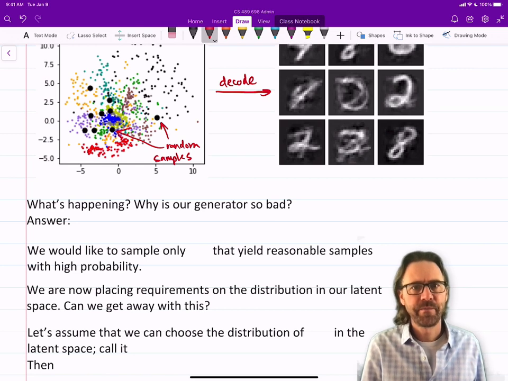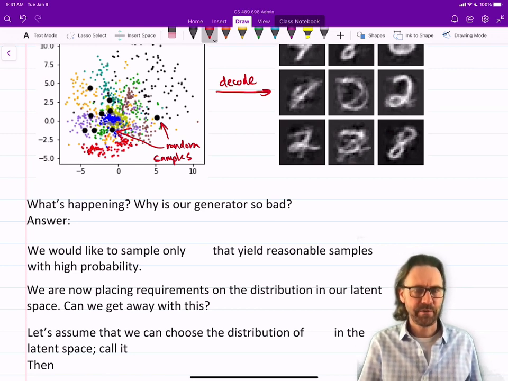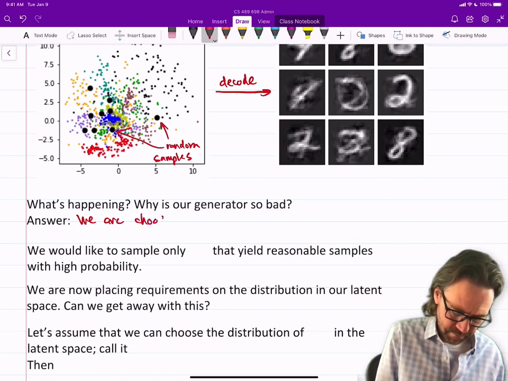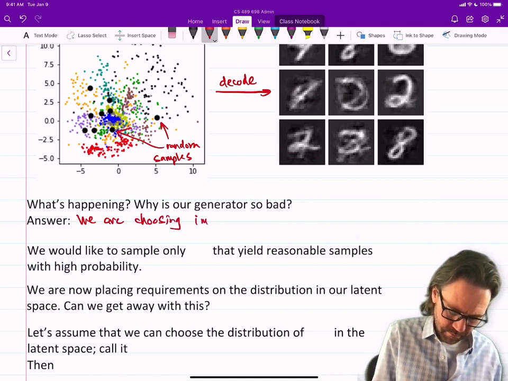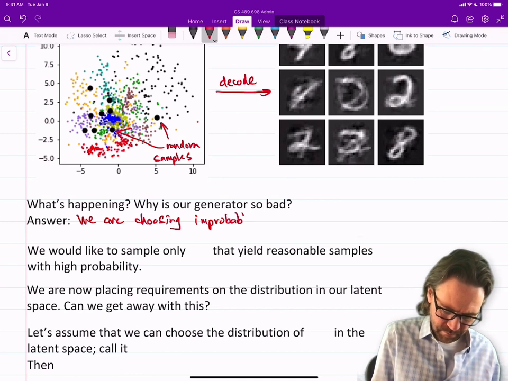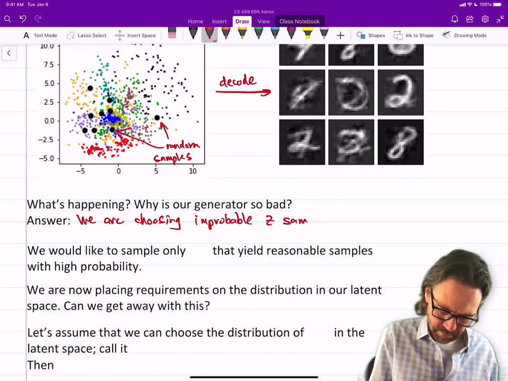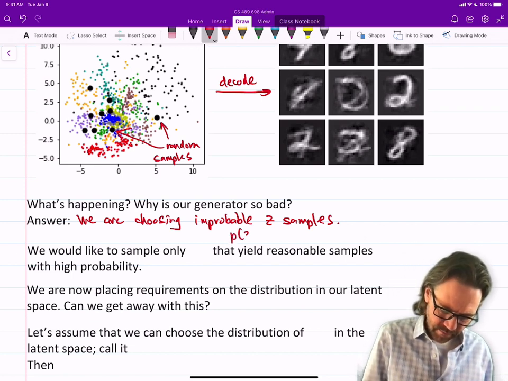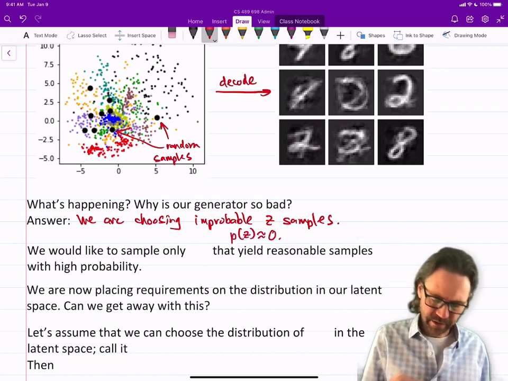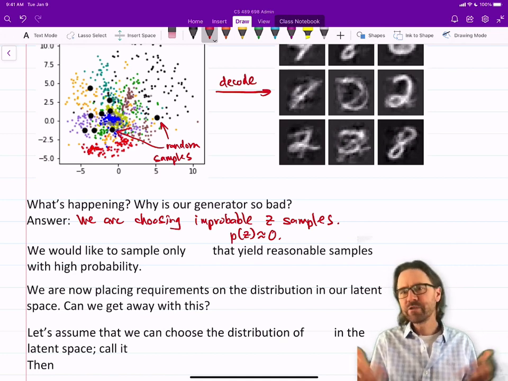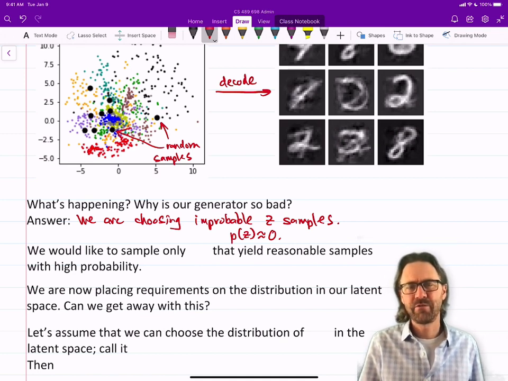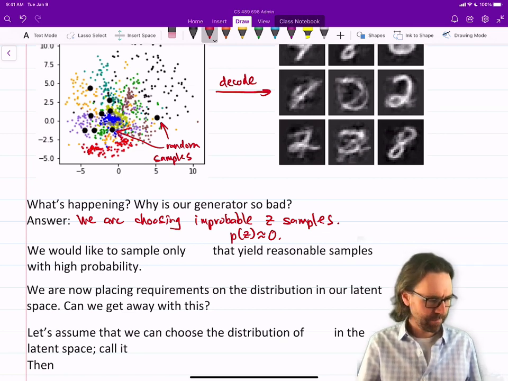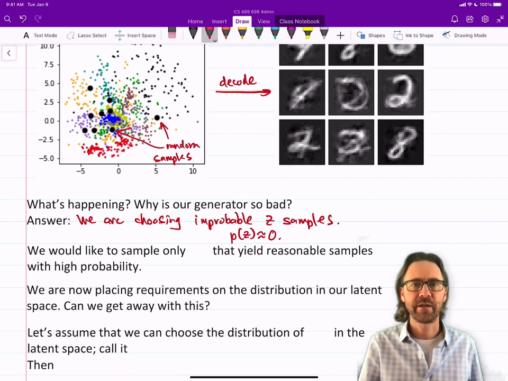The answer is we're choosing improbable Z samples, where P of Z is approximately 0. So we're choosing parts of our latent space that don't really contribute to the full probability density function for P of X.